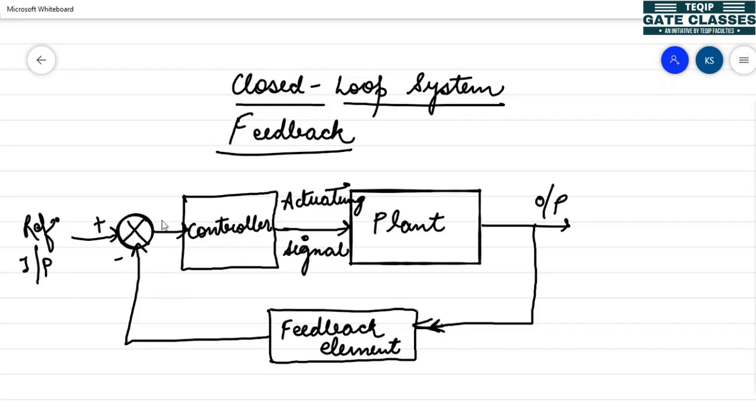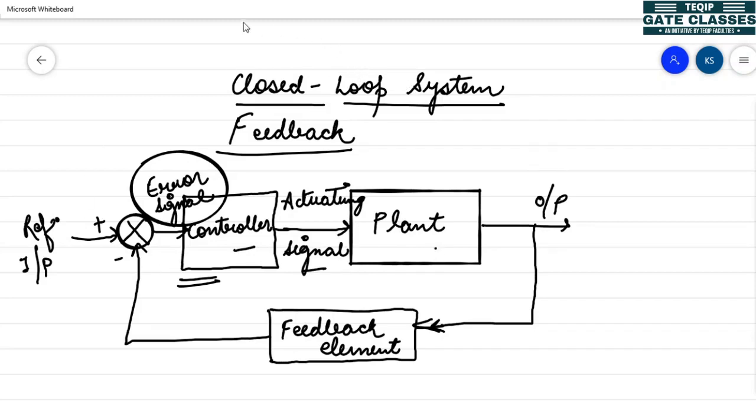Now in this case, error signal is being given to the controller, and based on this error signal, actuating signal is generated from the controller and this is going to be given to the plant.